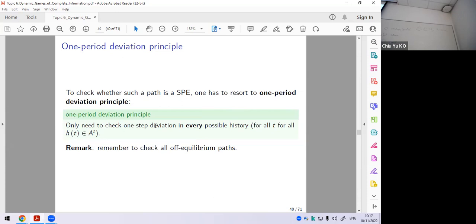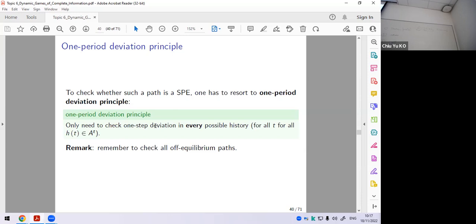Basically you can check the textbook, but in the games that we mostly care about, with a finite number of players and I think a finite number of strategies, you only need to check what we call one-step deviation. You need to check at every possible history whether a player can deviate from the strategy for one period.